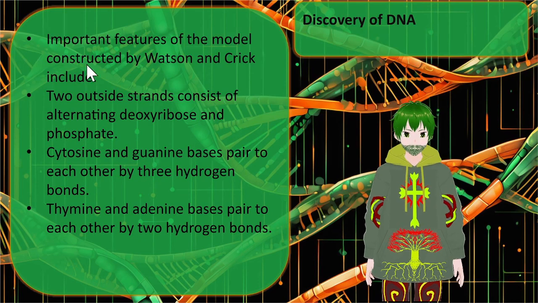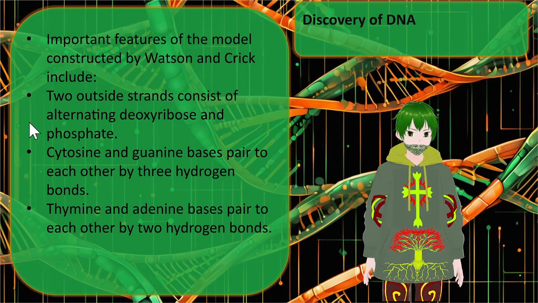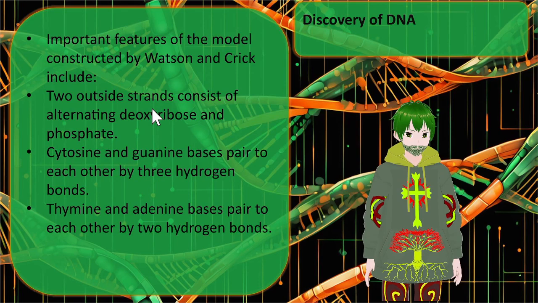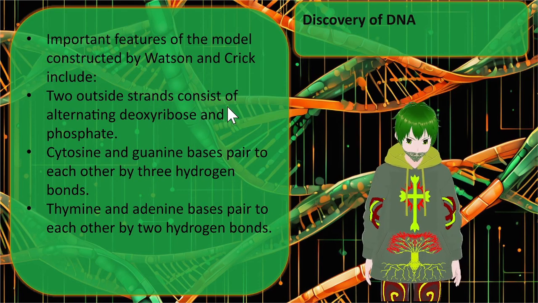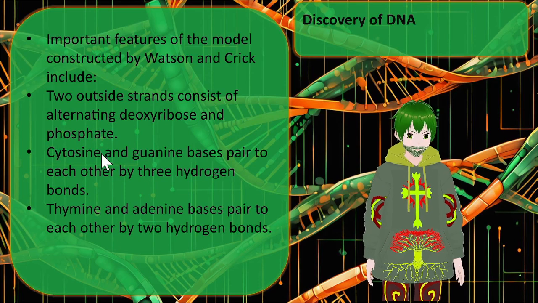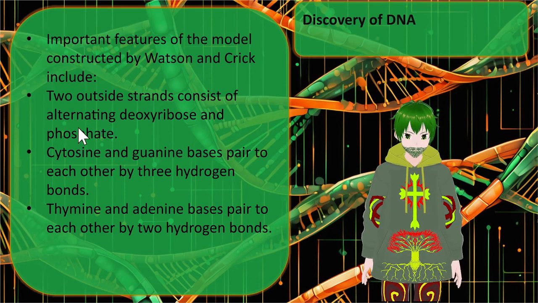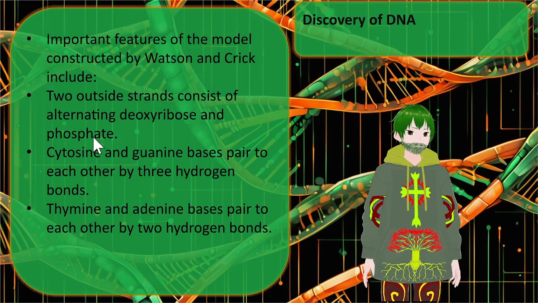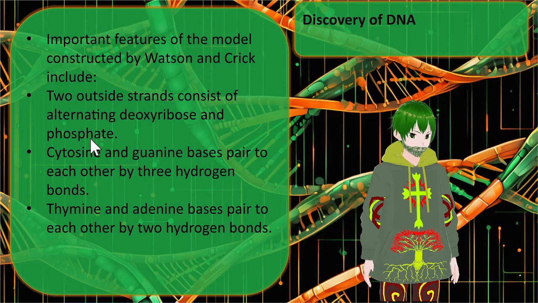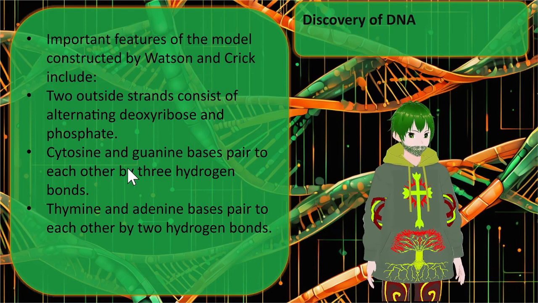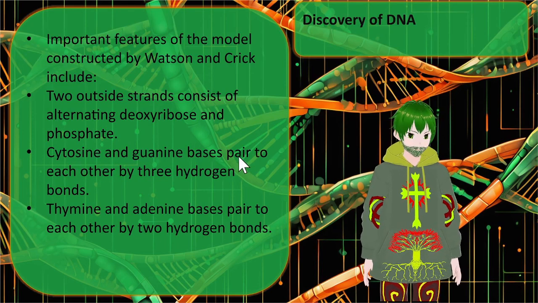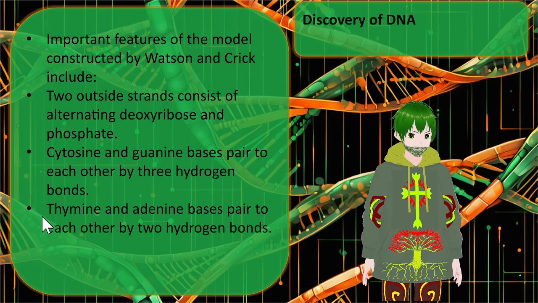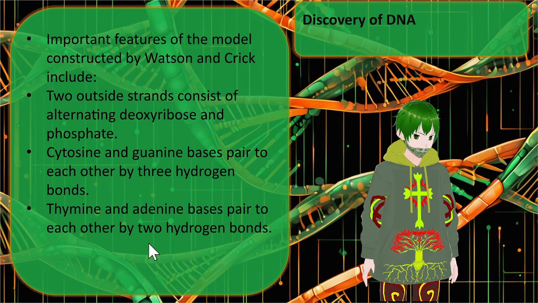Important features of the model constructed by Watson and Crick include two outside strands of DNA, phosphate to carbon bonding, so the phosphate group to the sugar group, or sugar carbon, of a nucleotide molecule, cytosine and guanine base pairing to one another, and thymine and adenine base pairing to one another in equal amounts.